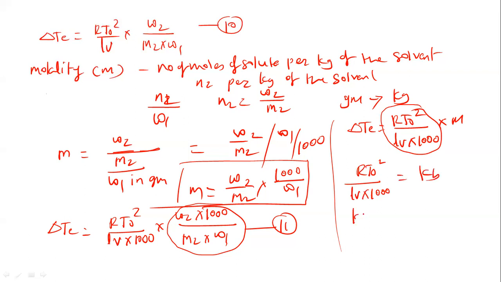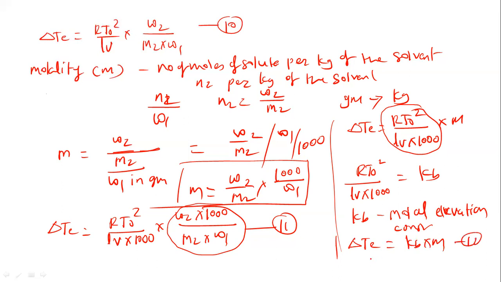And Kb is called the molar elevation constant. So this equation can be written as delta TE is equal to Kb into molality. So we are getting this equation, suppose that this is equation 12. Delta T is equal to Kb into molality.